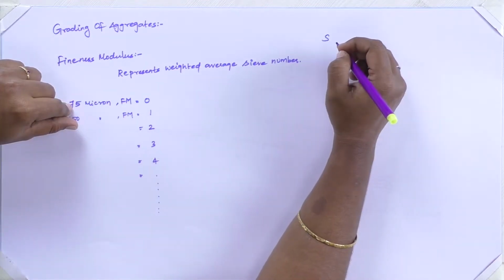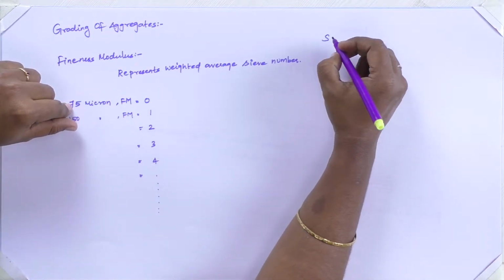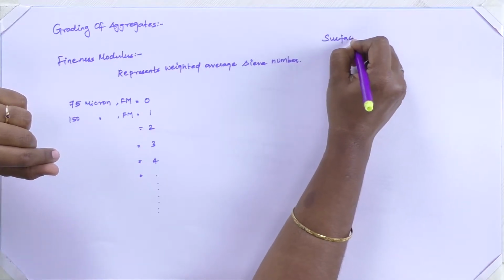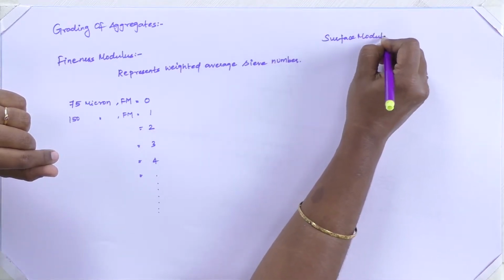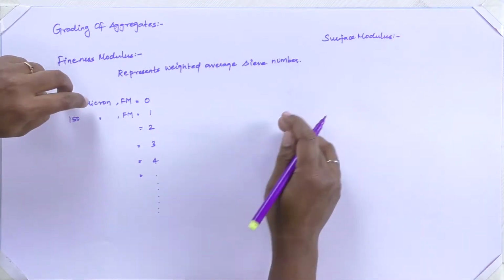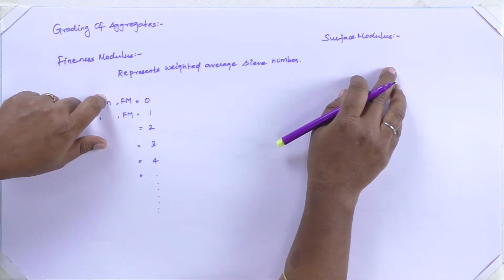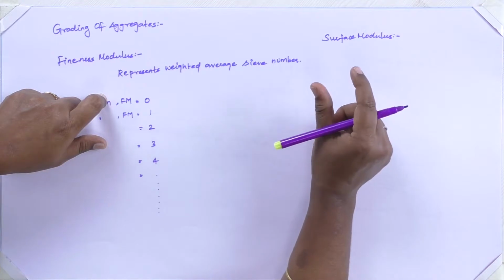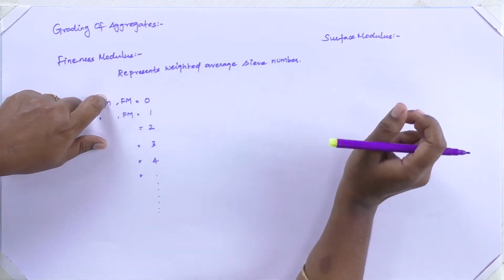Next we are going to see about surface modulus. In the surface modulus, the specific surface area of the aggregate is taken into consideration. Why we are seeing this surface modulus is that some codes are based on the surface modulus and some codes will be based on fineness modulus.